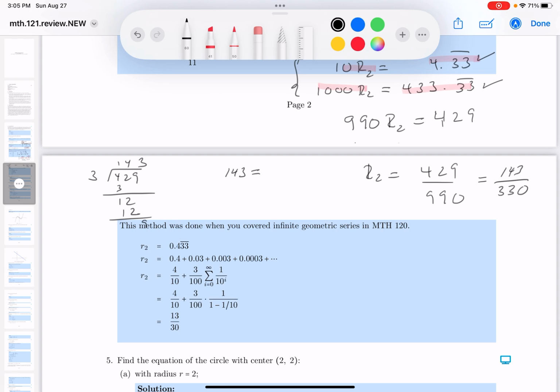Kind of looking at it, I'm going to say it looks like 13. I've got to be careful here. 13 times, let's see, 10 would give you 130, right? Oh, look at 11. That's not so bad. So 13 times 11.